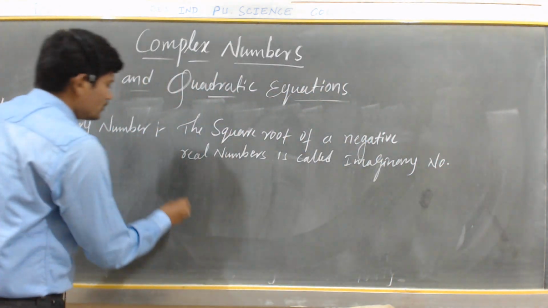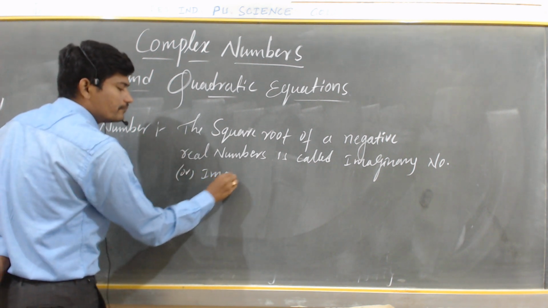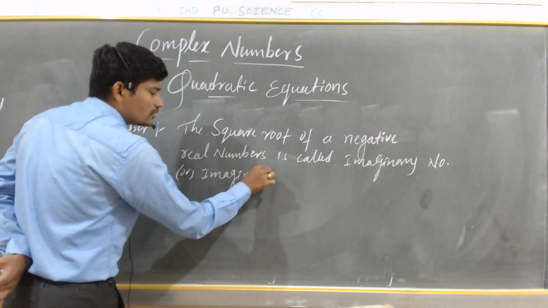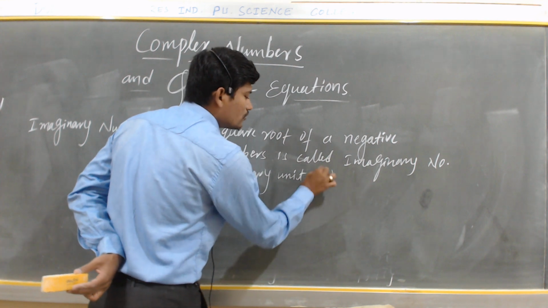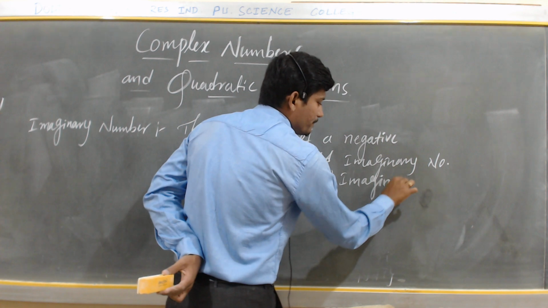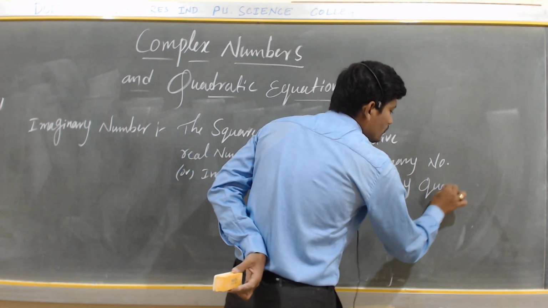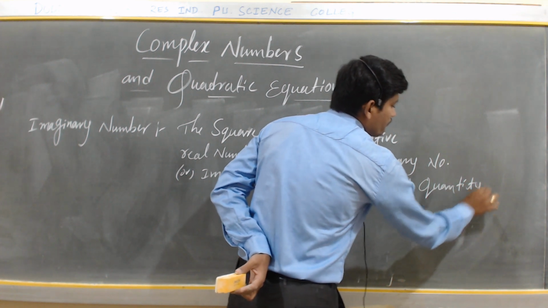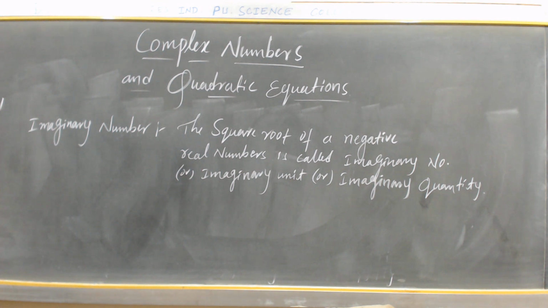We also call it by another name: imaginary unit, or imaginary quantity. So an imaginary number we call an imaginary quantity also, or imaginary unit.